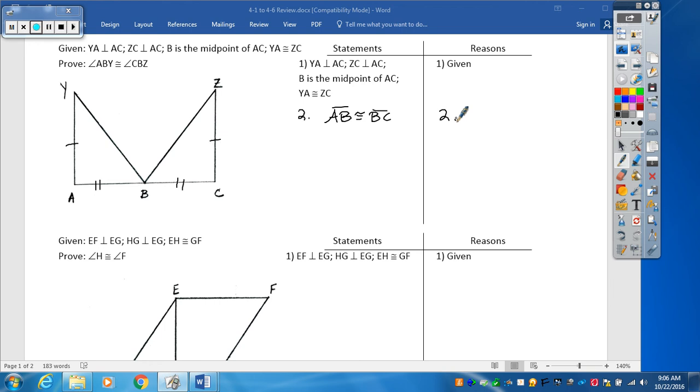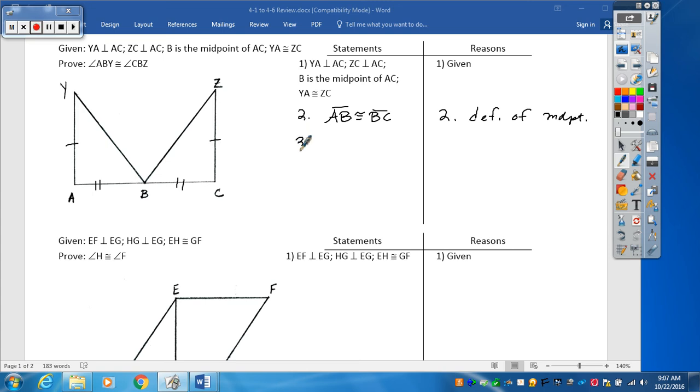And why is that? Definition of, I wrote down the wrong term here, of midpoint. It allows me to state that those two segments will be equal to each other. Now from there, the next part would be the perpendicular part.